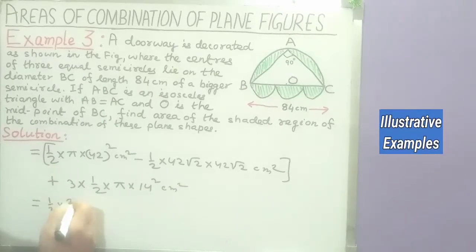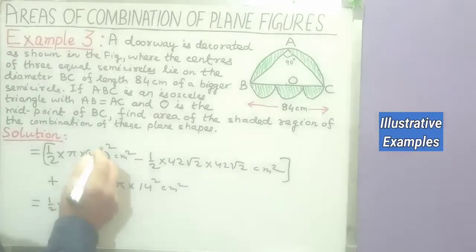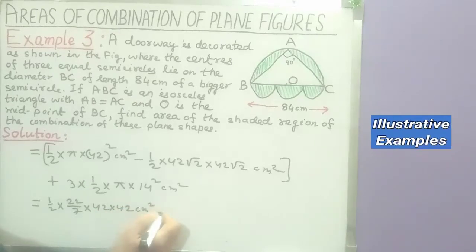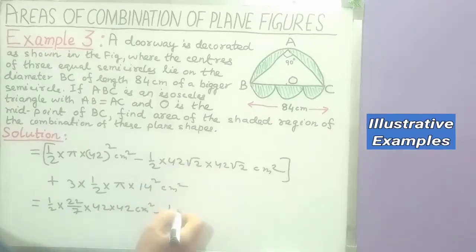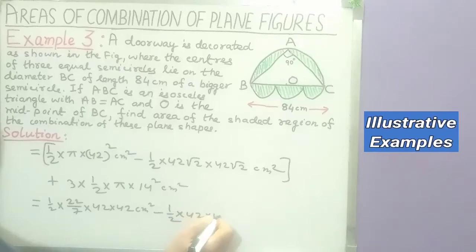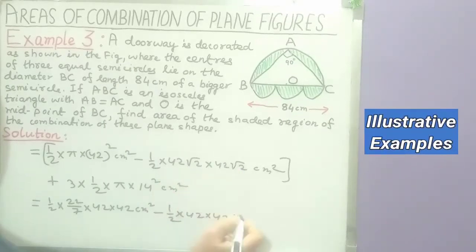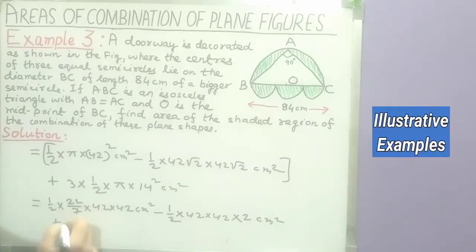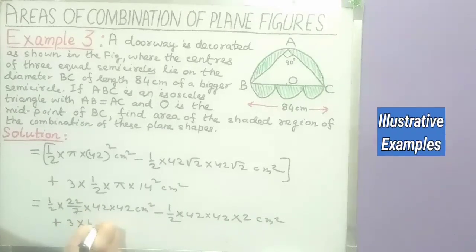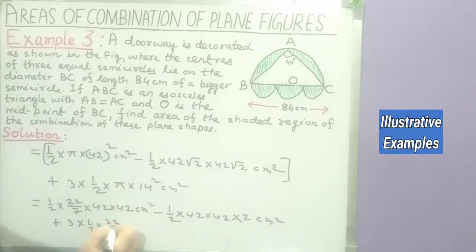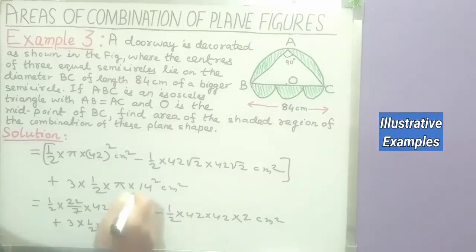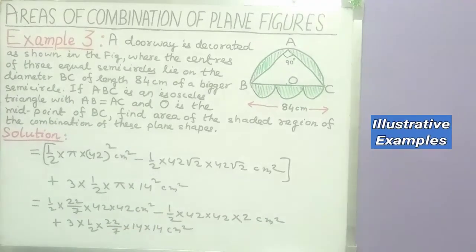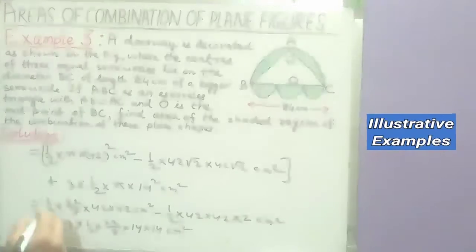Now we get 1 by 2 into 22 upon 7 into 42 centimeter square minus half into 42 into 2 centimeter square plus 3 into half into 22 upon 7 into 14 centimeter square.